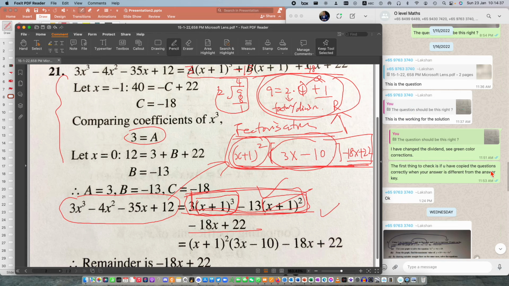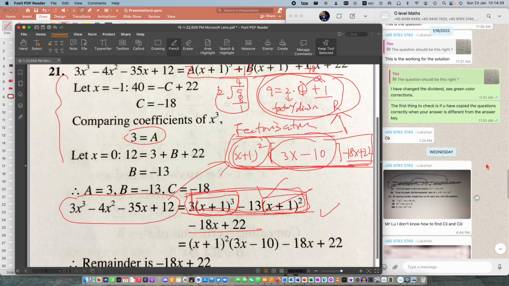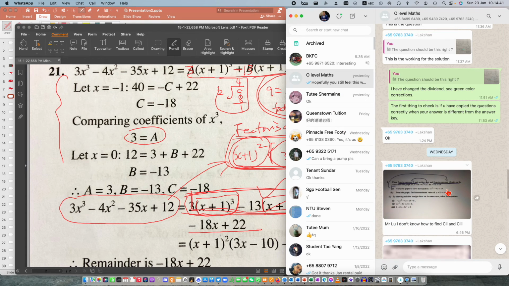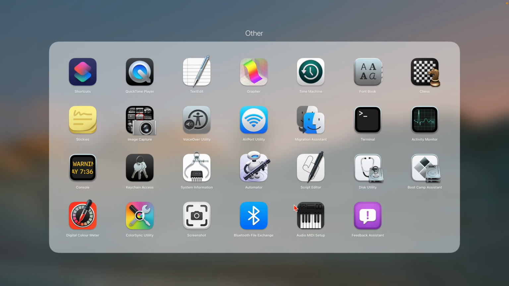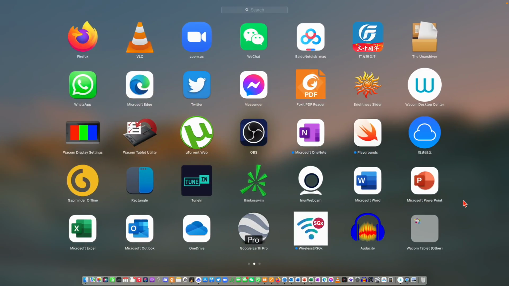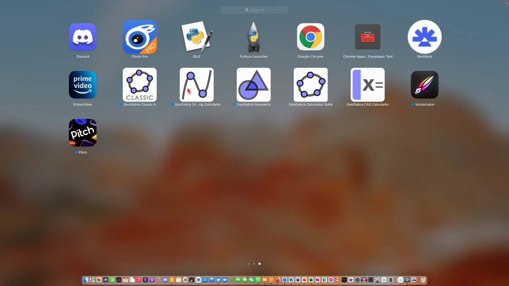Next will be the curve. So when it comes to a curve, I need to give you some preliminary understanding of curves. I have downloaded a very good app which you can play with for curves.